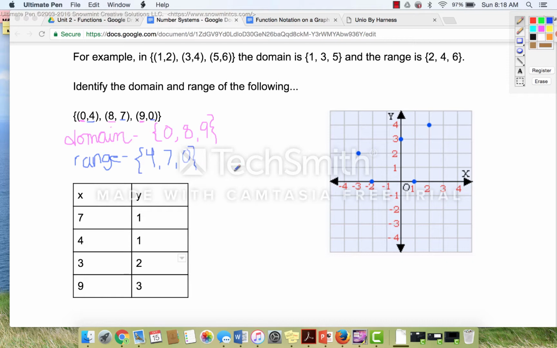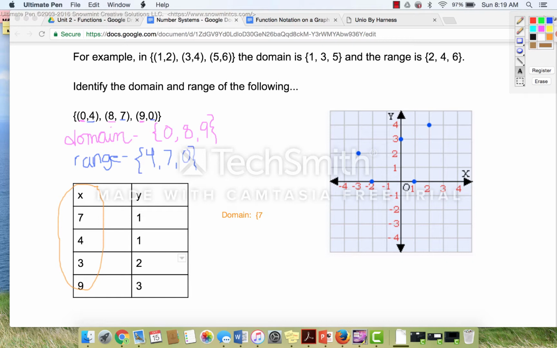Okay, I'll move on to this one next. So my domain, again, I'm just going to take my x values, and they're so nicely labeled for me over here. So my domain for this one, I'm going to use my nice curly brackets.